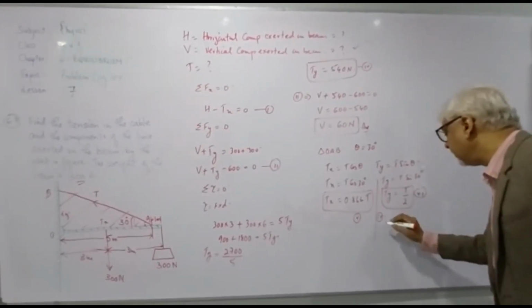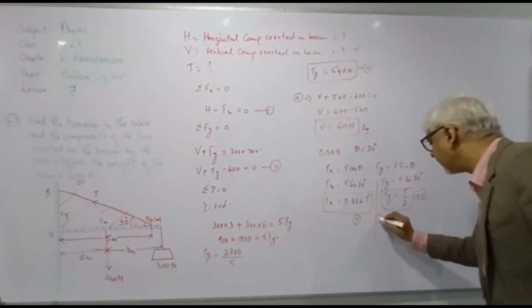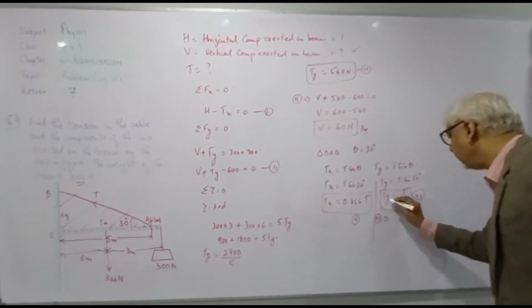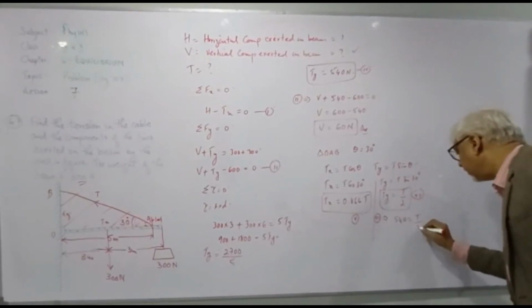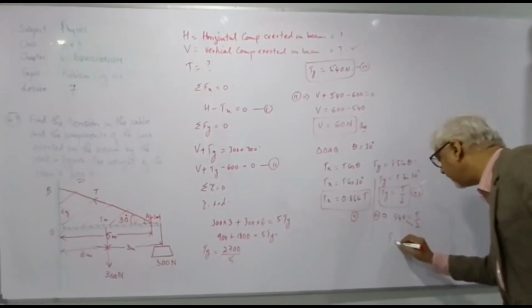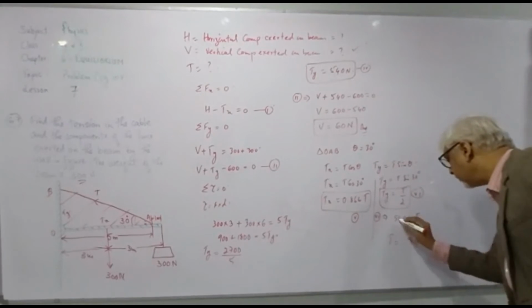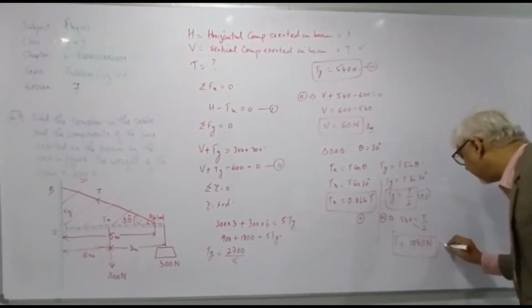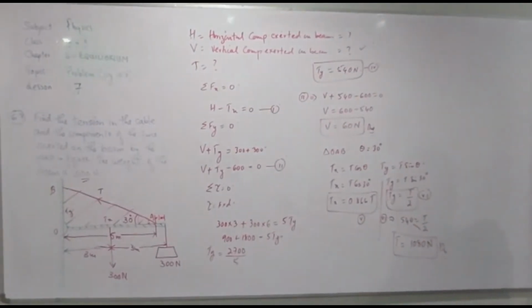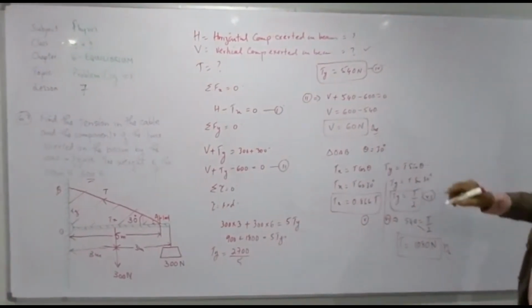So equation 6 would now be: Ty, which we know is 540, equals T upon 2. Cross multiply, so tension T equals 1080. There you are, the tension is 1080 and the vertical component we got.